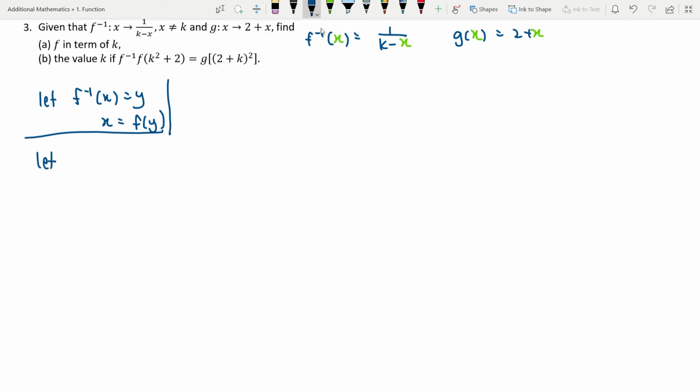We let f of x equal to y, x equal to f inverse of y. Substitute y into the f inverse, we get 1 over k minus y. In order to make y our subject, we multiply both sides with k minus y.